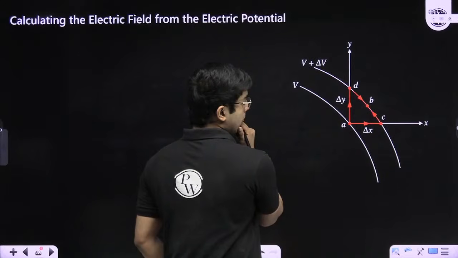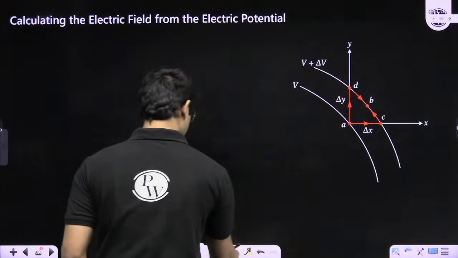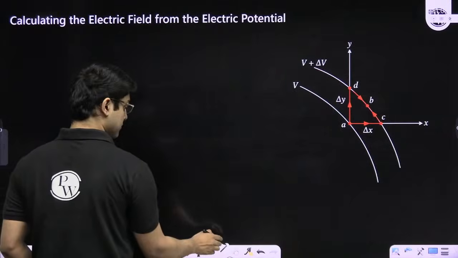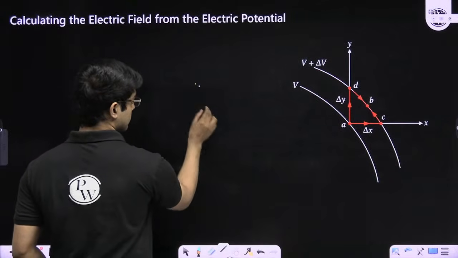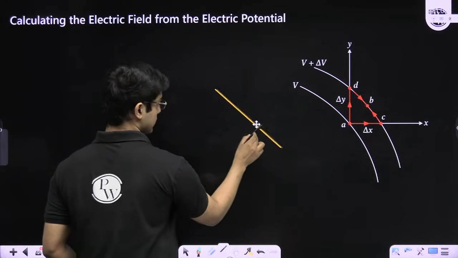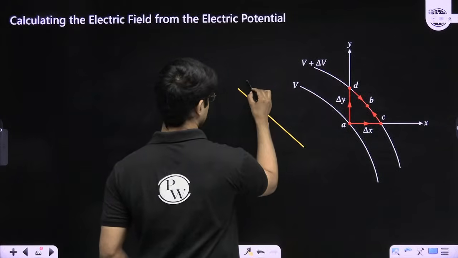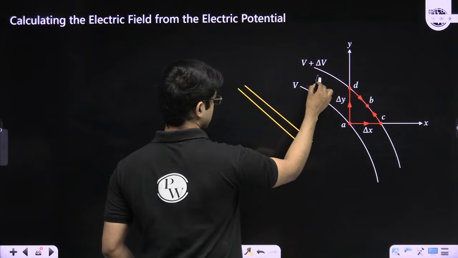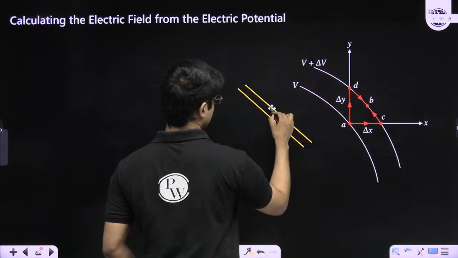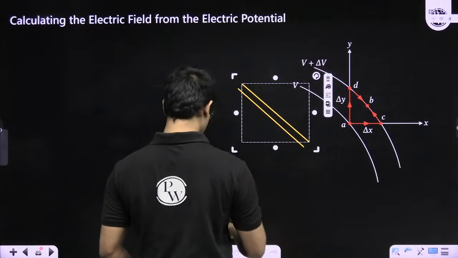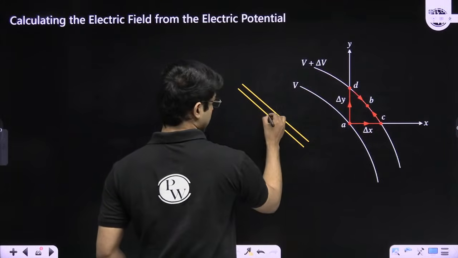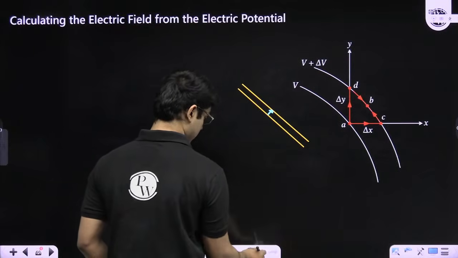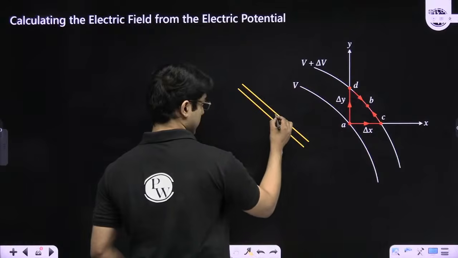So not this diagram. Here, let's say I have two equipotential surfaces like this that are very close to each other, and I'll draw the perpendicular distance a little bit further away so that it is clear.